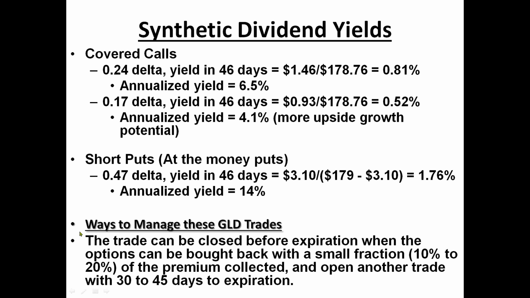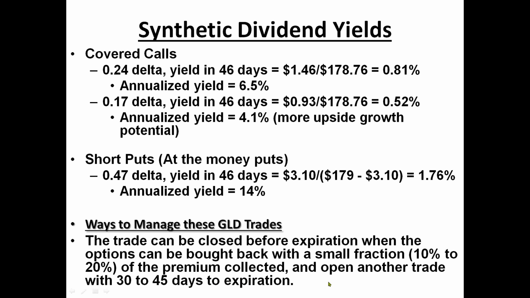And the way to manage these GLD trades is not a whole lot. You can close the trades before the expiration date, or you can wait until the expiration date. But I think normally it makes sense to close the trades before expiration when the option can be bought back with a small fraction of the premium that you collected, maybe 10% or 20%, and then you can close the old trades and open new trades with 30 to 45 days to expiration.